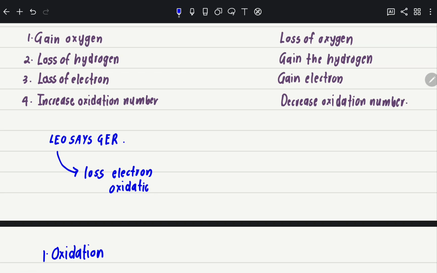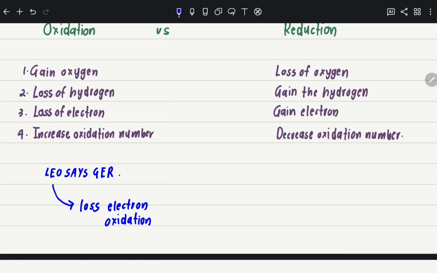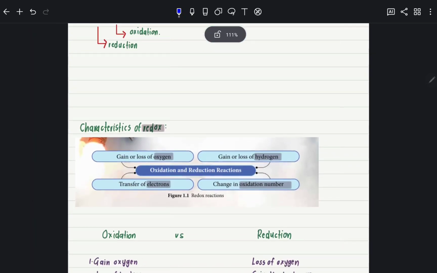So loss of electron is oxidation, meaning that in oxidation you will lose electron, while GER is gain electron reduction. Okay, so this is what they're trying to say with Leo says Ger.